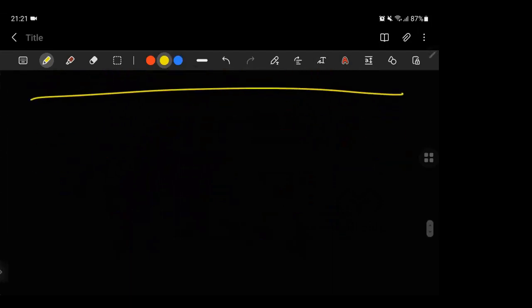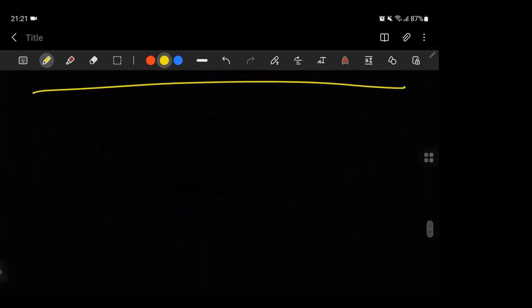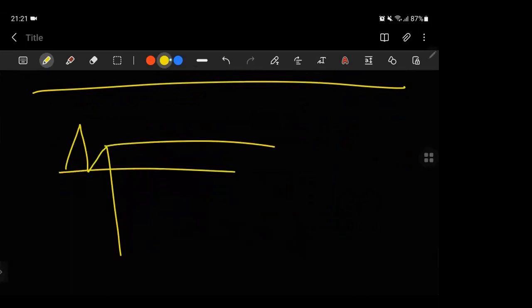So when it comes to trend line in the market, it will look something like this. So this is also the miss. It's accurate.